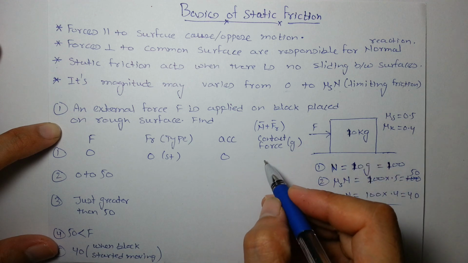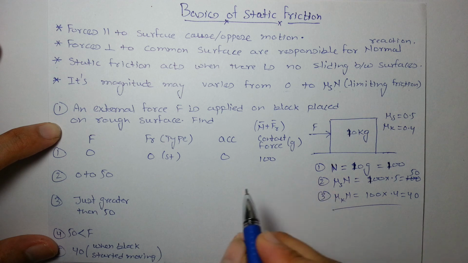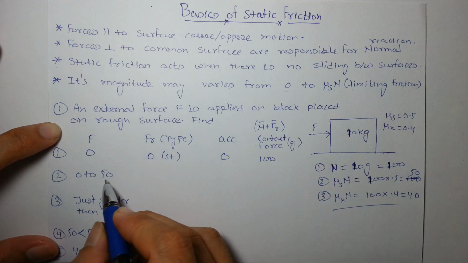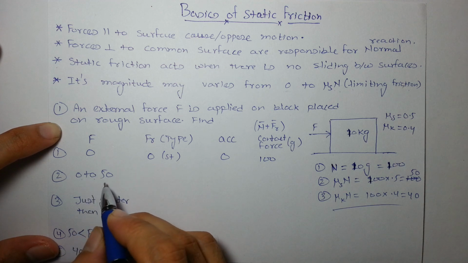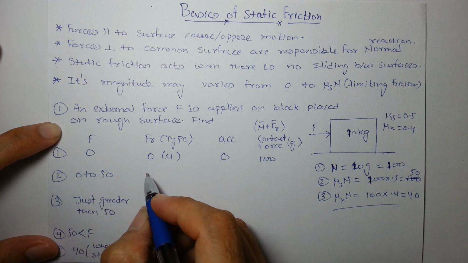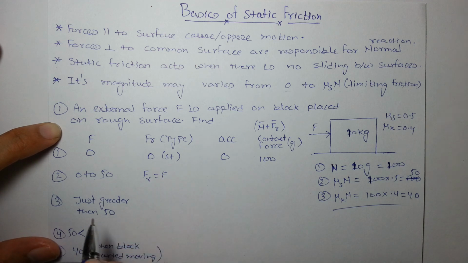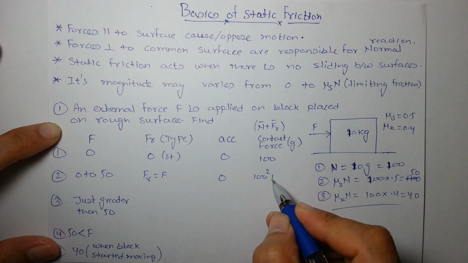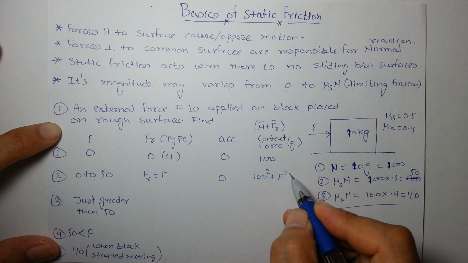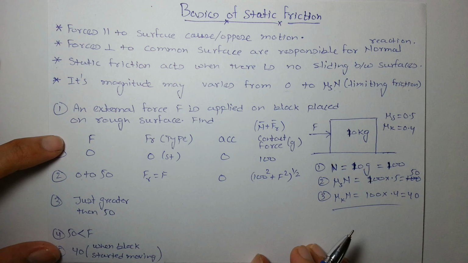So normal is nothing but 100 Newton. Friction is 0. And when the force is from 0 to 50, friction will be equal to the applied force, because it will not slide, and this will be the square root of N square plus f square. This will be the total contact force.